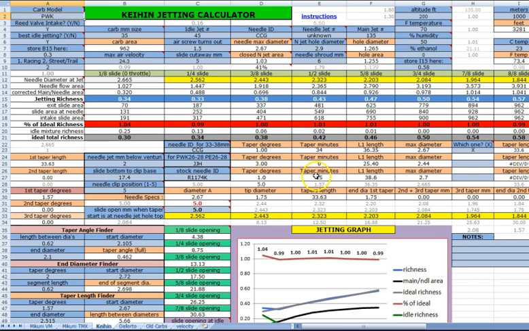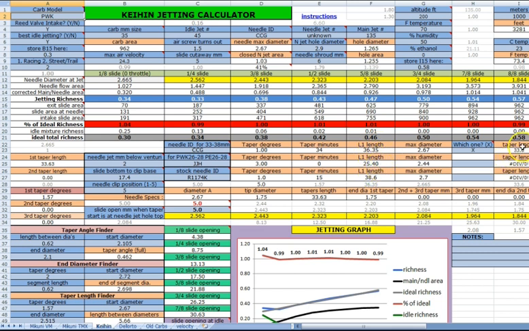A minute is, you divide minutes by 60 to get the fraction of degrees. 15 divided by 60 is 0.25 plus 1 is 1.25. The L1 length on Keihin is really, really weird. L1 is an imaginary length. I shouldn't even go into it. It's mind-boggling. So that's not the true taper length.